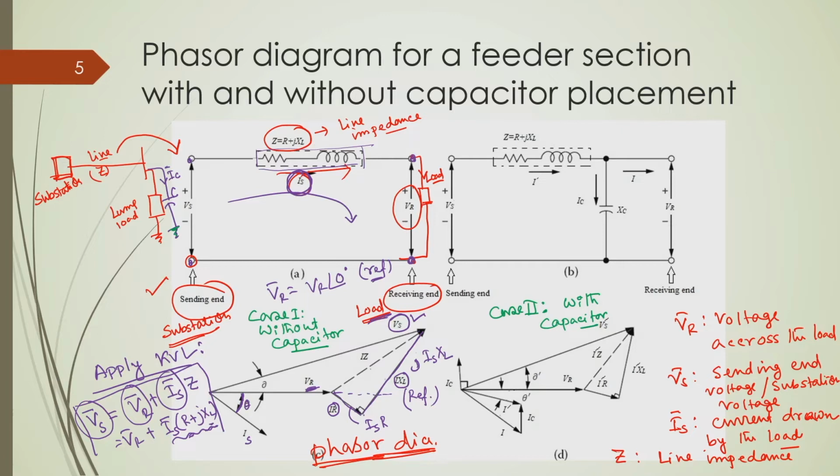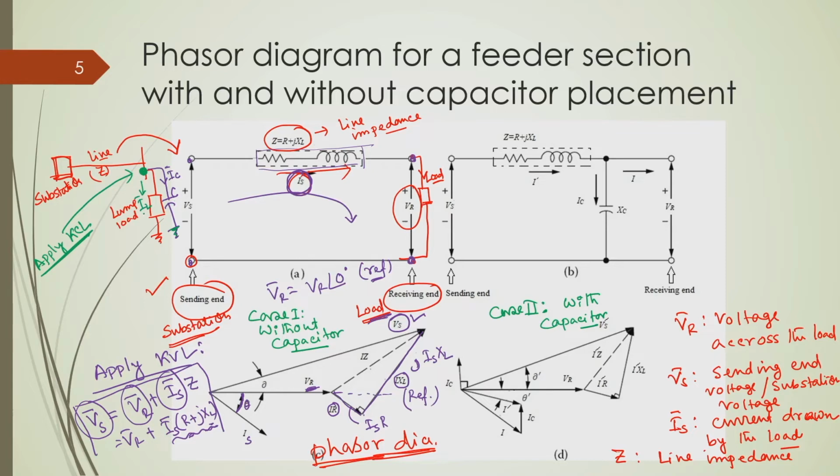If so, then if we apply KCL at this particular node, we will get two components of current: one is I s and one is I L, where I L is the current drawn by the load.